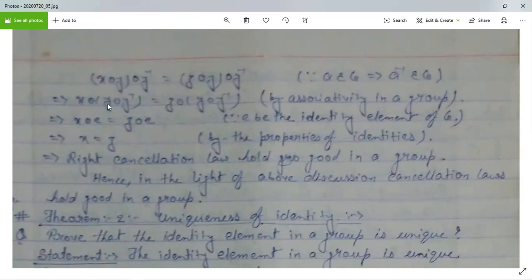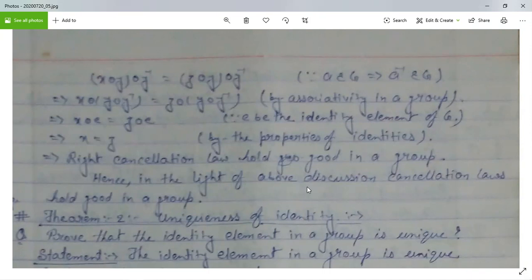Here we know that y o y inverse will become e, because e is the identity element of group G. Therefore, it will become x o e equals z o e, and also x o e equals x and z o e equals z by the property of identity element. Hence, we can say that the right cancellation law holds good in a group G. Therefore, finally, in the light of the above discussion, cancellation laws hold good in a group G.